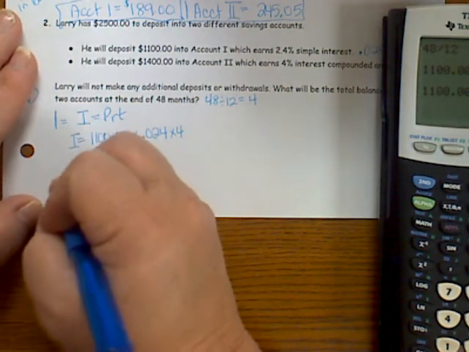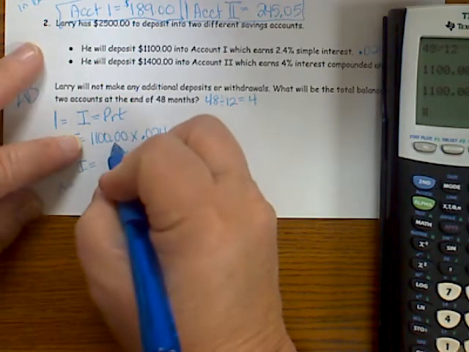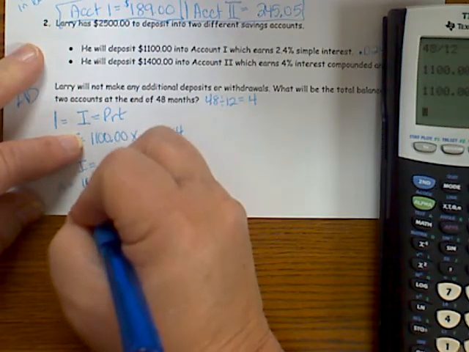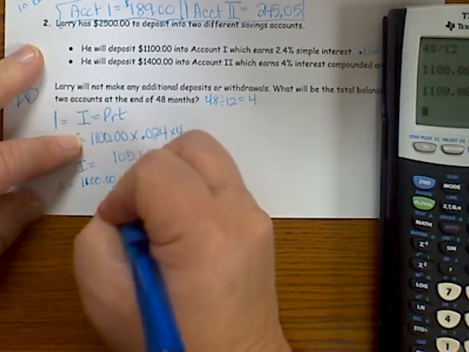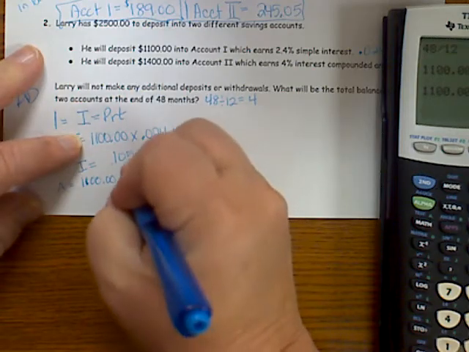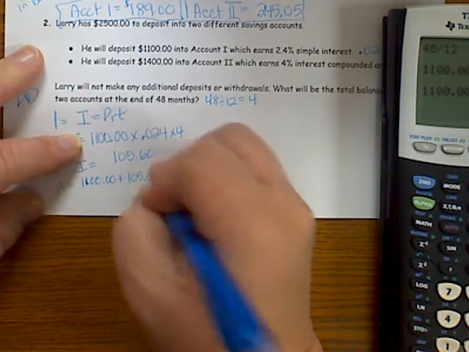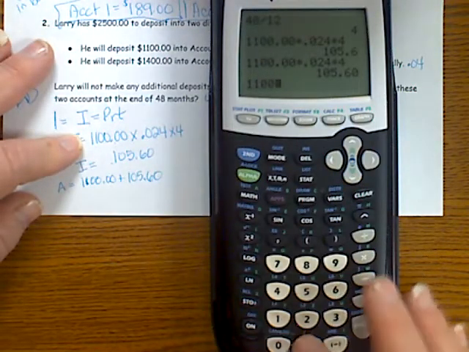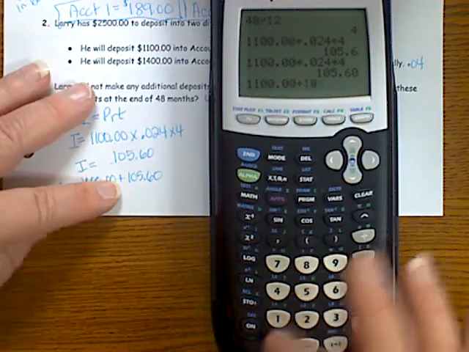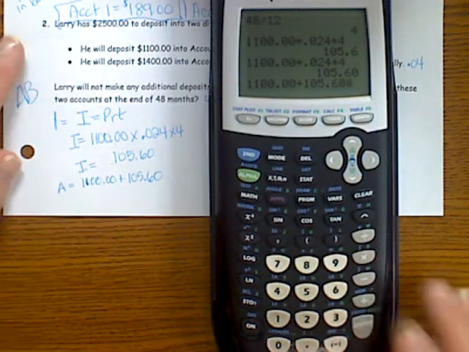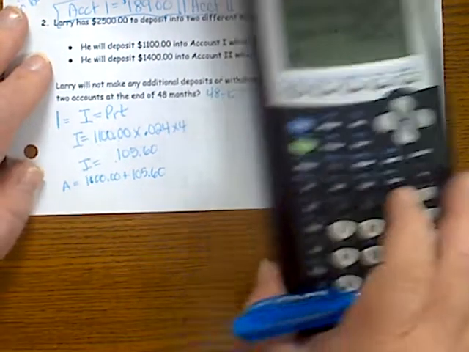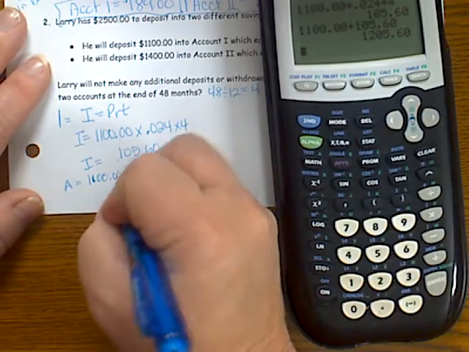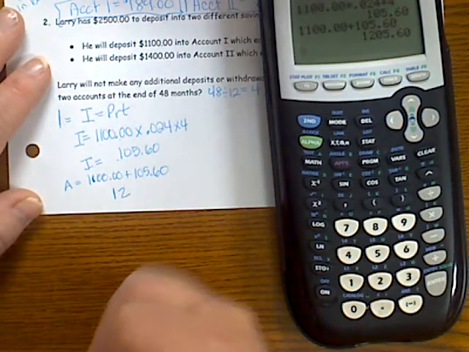So account balance would be how much we started with, which is our principal. And we would add how much we made in interest. So 1,100 plus 105.60. And that is how much total we have in that account right now.